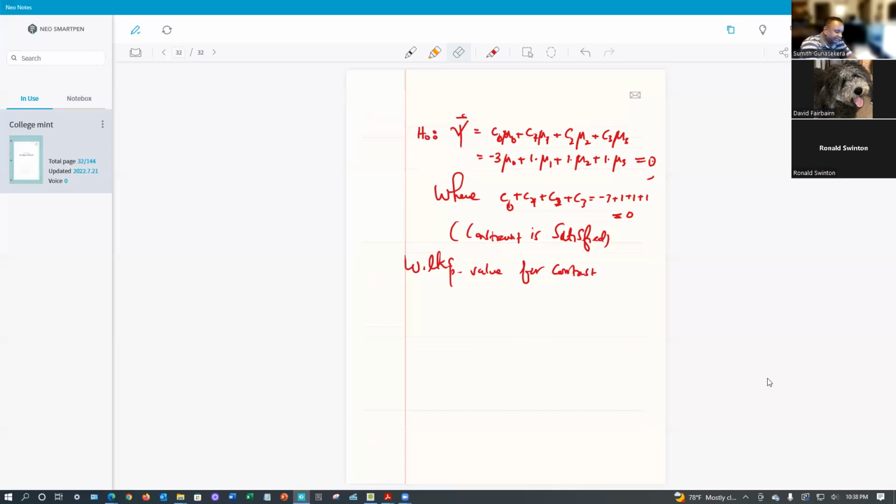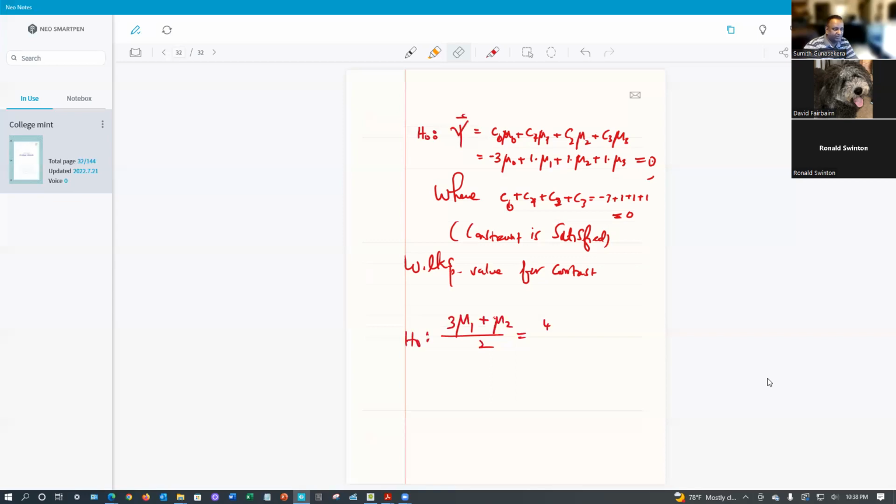So, 3 times mu1 plus mu2, the average will be compared with another region. But at the end of the day, when you get everything to one side, the coefficients should add to 0. The comparison should be done like that. You're going to write H0 this way.